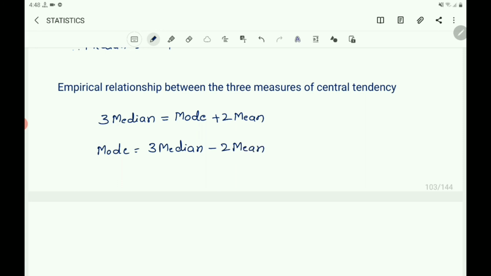That is the relation between the three measures of central tendency. The median of grouped data with unequal class sizes can also be calculated. However, we shall not discuss it here.